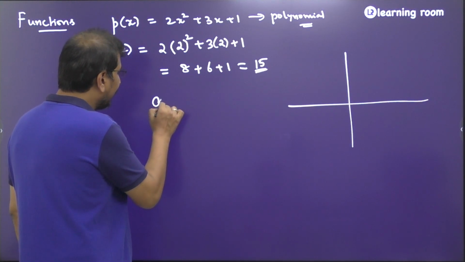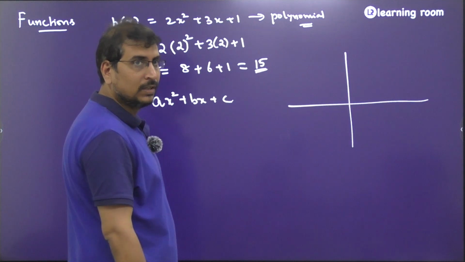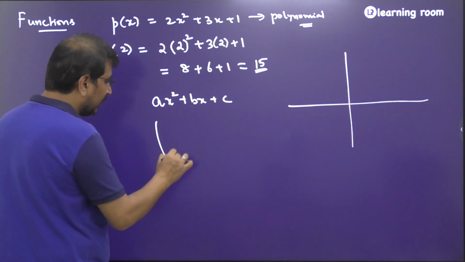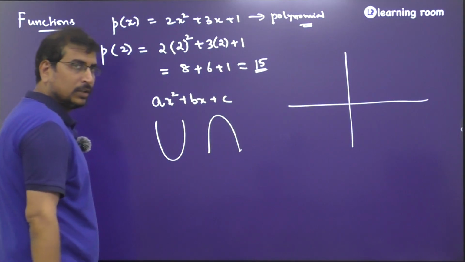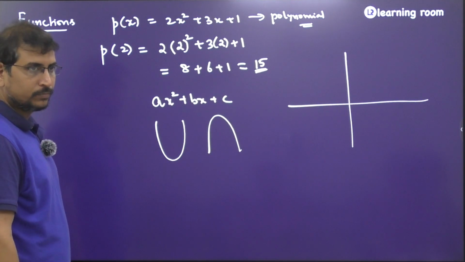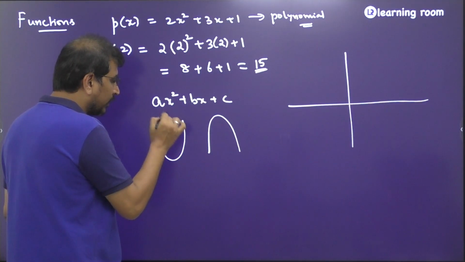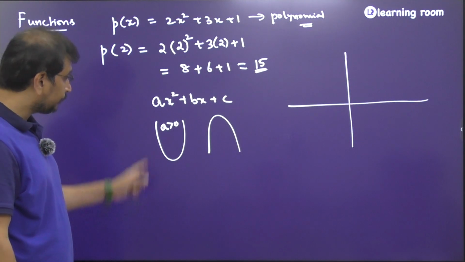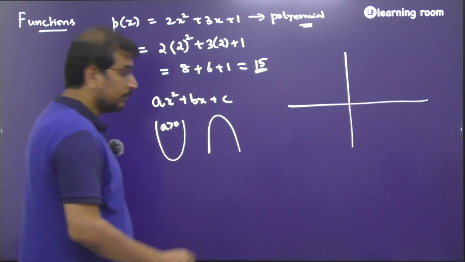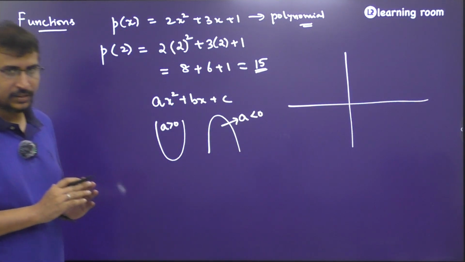So ax square plus bx plus c is a parabola. You can either have an upward parabola like this or a downward parabola like this, right? When will you have an upward parabola? When the coefficient of x square, that is a, is greater than 0. When will you have a downward parabola? When the value of a is less than 0. I hope it's clear, right?